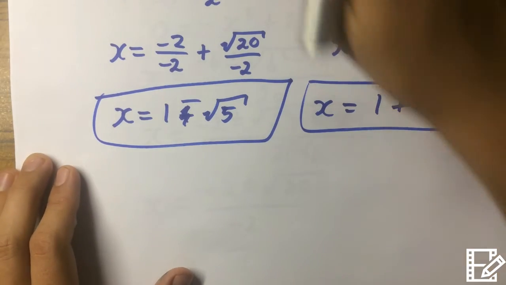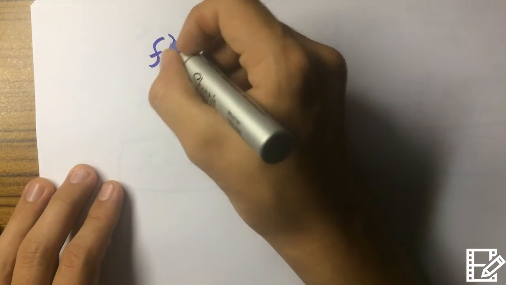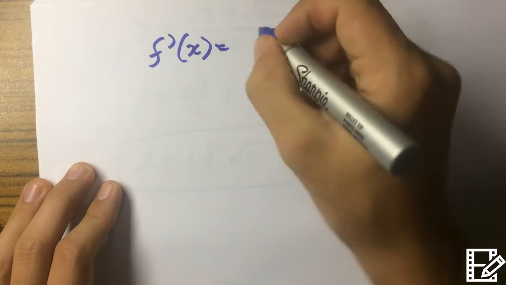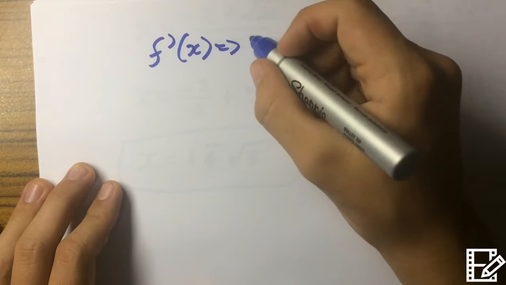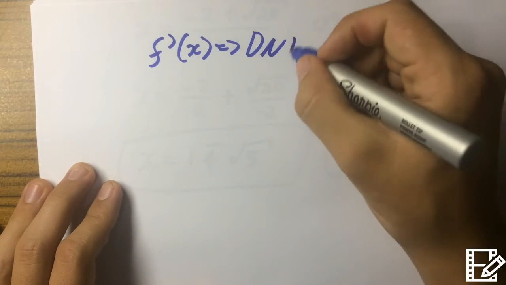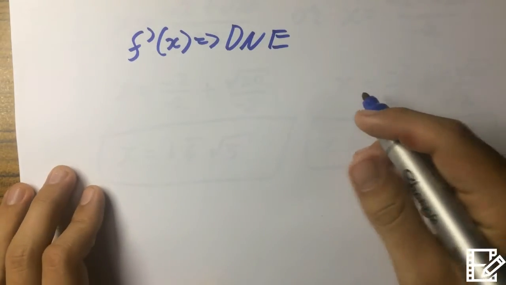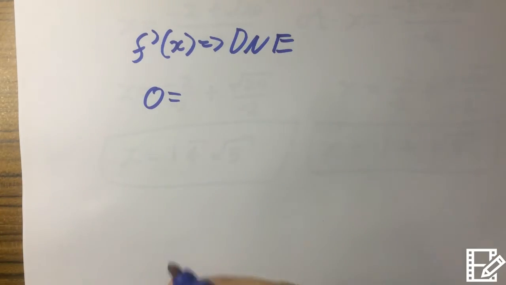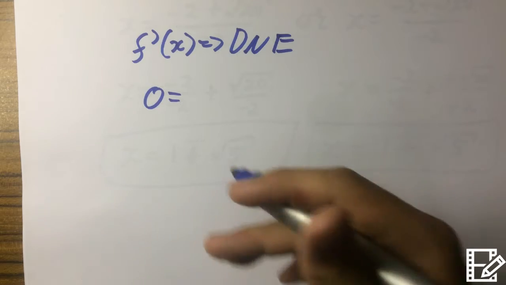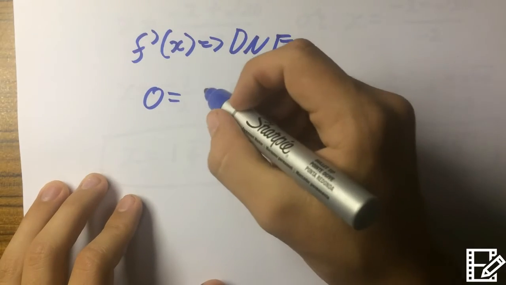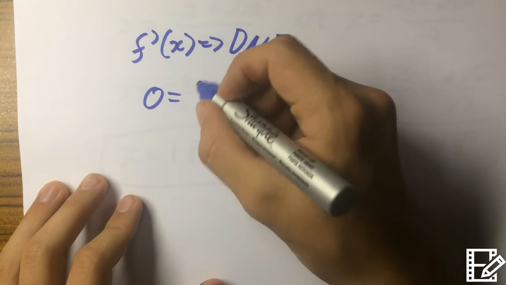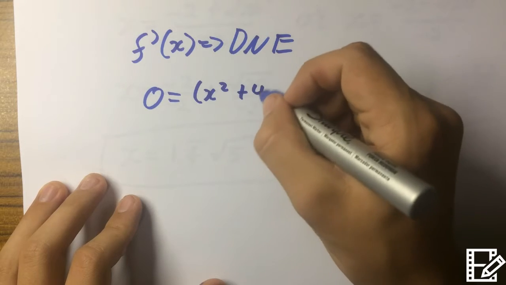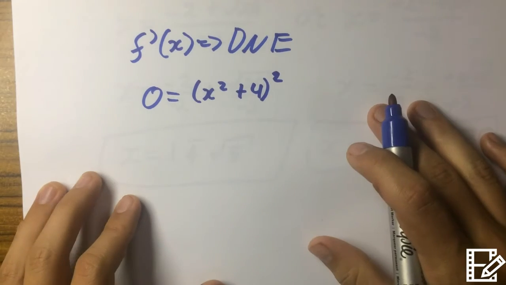Now we do the bottom half. How do we do that? Well, stay tuned. We set the derivative to doesn't exist, undefined. What that does is basically set the bottom to 0, because when the bottom is 0, like I explained earlier, it's undefined. So the bottom was x squared plus 4, squared.